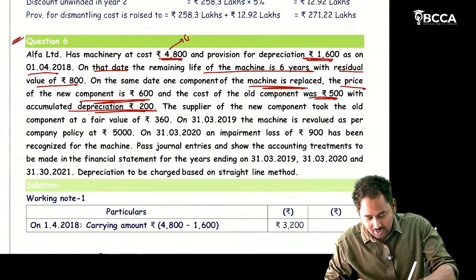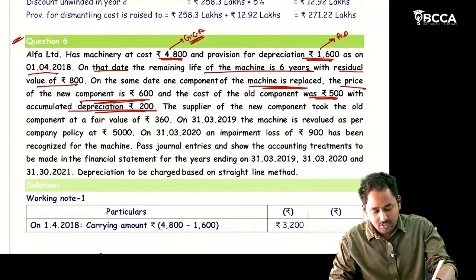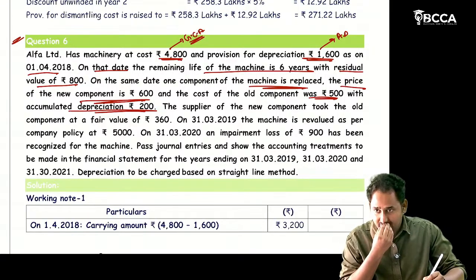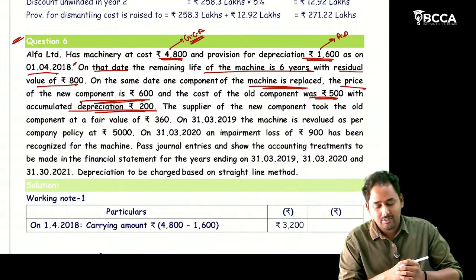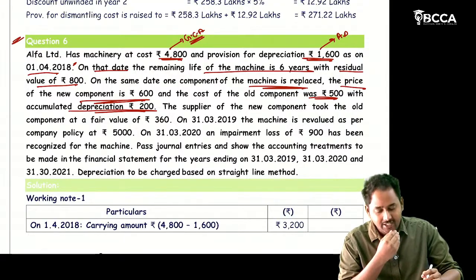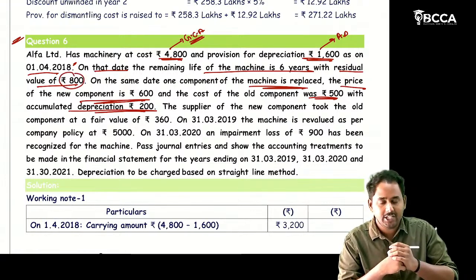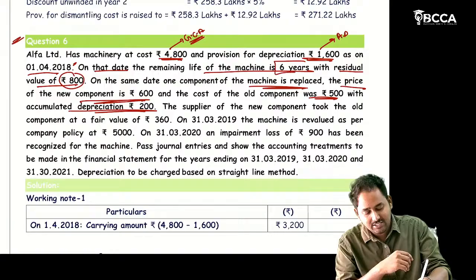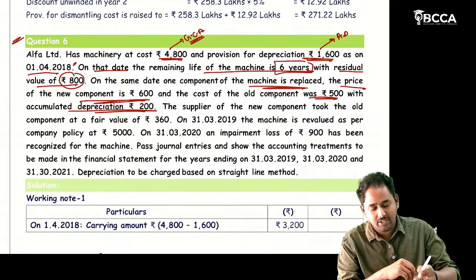So this is a gross carrying amount. Out of this, what is the accumulated depreciation? 1600. So this is the value of the asset as on 1/4/18. On that date, the remaining expected residual value is 800, and the remaining expected useful life is 6 years. Then on the same date, one component of the machine is replaced.